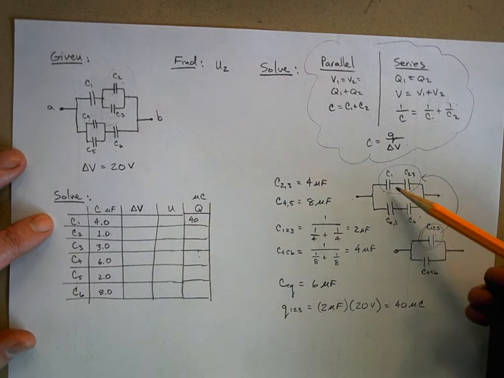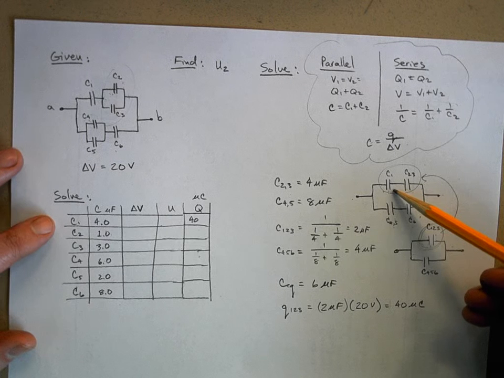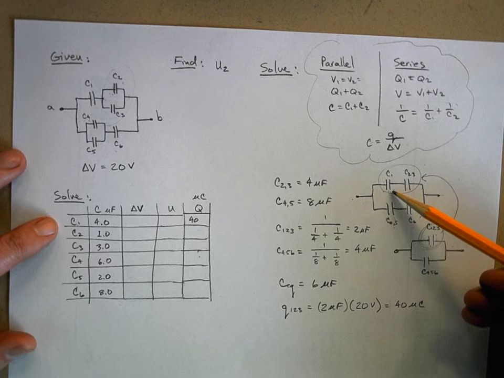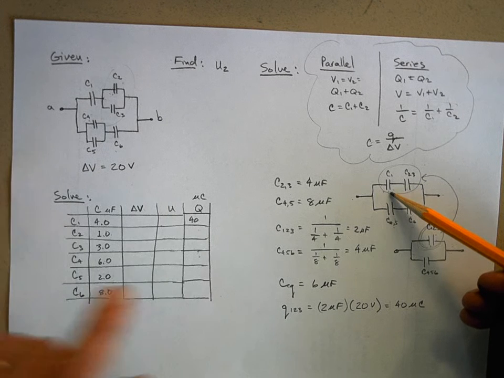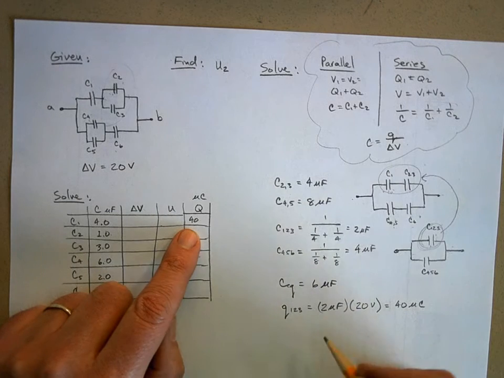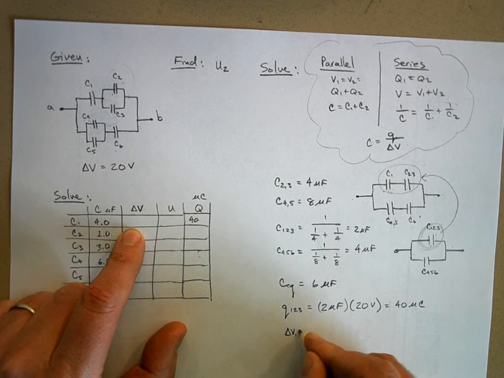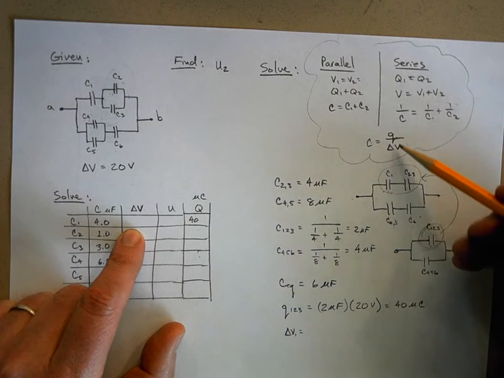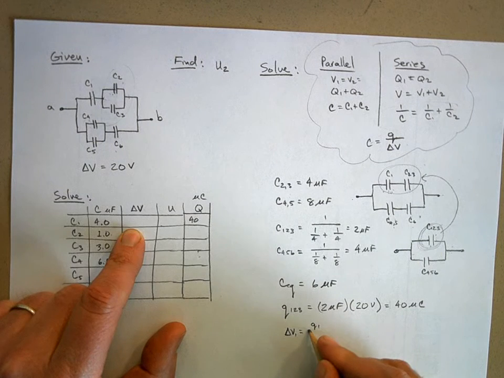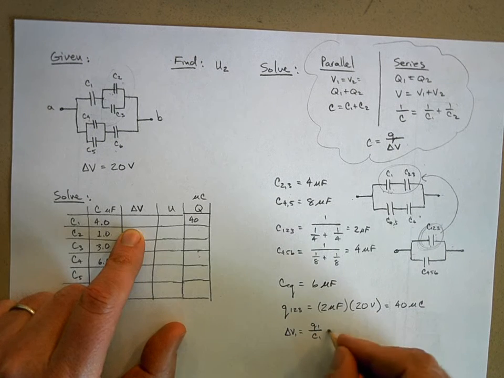Oh, let's go ahead and finish C1. Because now we know how much charge it has, and we know what its capacitance is. Okay, C1 has 40 microcoulombs. Let's figure out what delta V is. What is delta V1? Well, delta V is Q1 over C1.